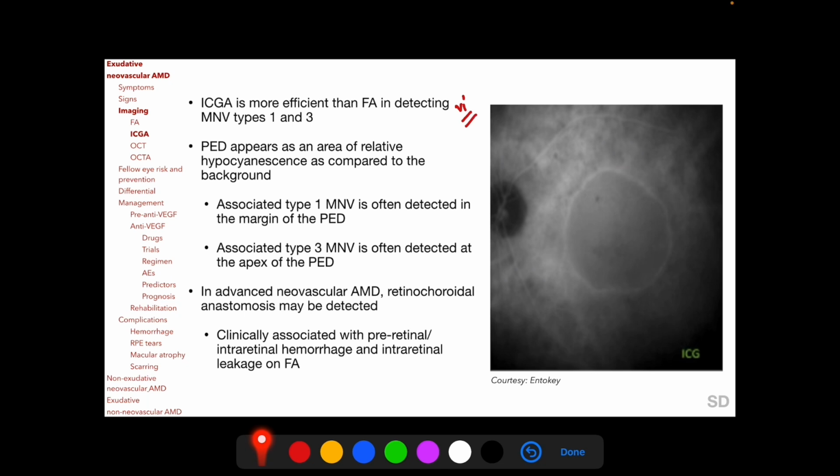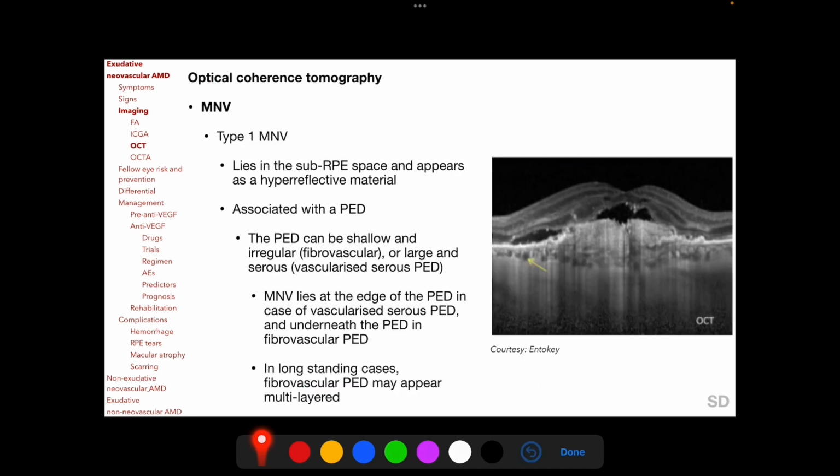And as we have discussed, associated type 1 MNV is often detected at a notch in the margin of the PED, and associated type 3 MNV is often detected at the apex or crest of the PED. And in advanced neovascular AMD, retinochoroidal anastomosis may be detected on ICGA, which are usually associated with preretinal or intraretinal hemorrhage clinically and intraretinal leakage on fluorescent angiography.